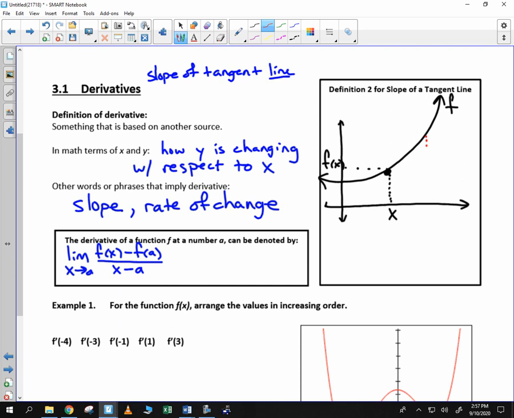Now, if we move over here, I'm going to move over h units to x plus h. That would mean that this output is f of x plus h. So the key piece I want you to understand is the distance between these two is h units.